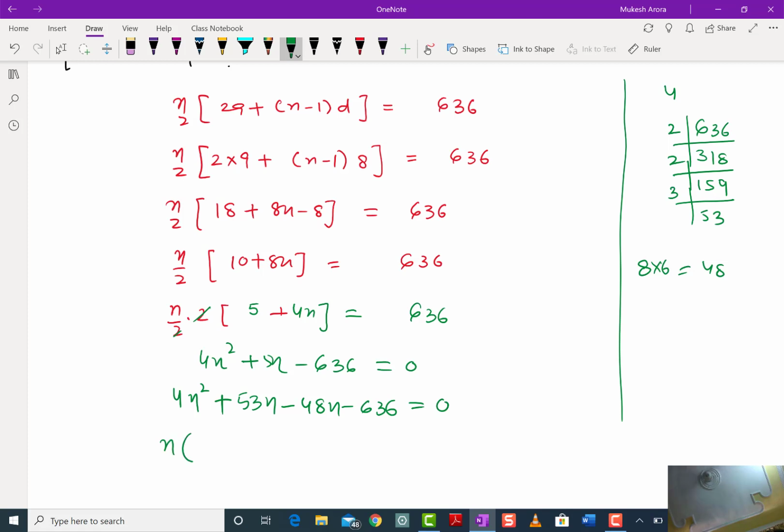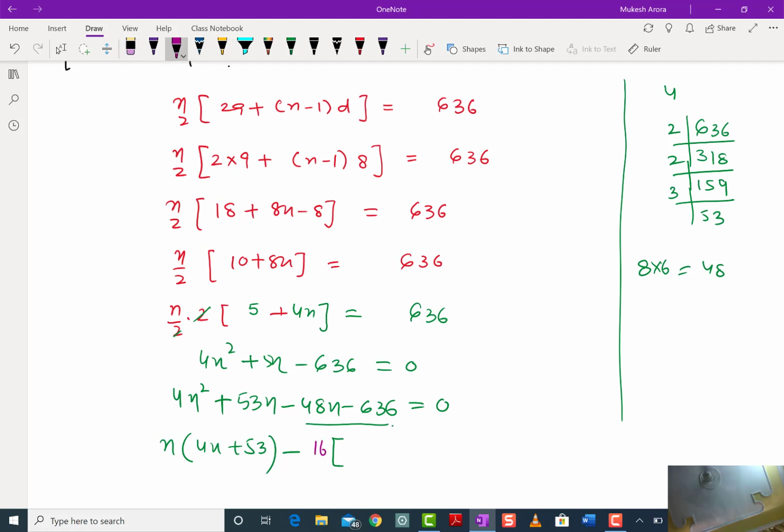n is common. n into 4n plus 53, minus common is 16, 16 is common.